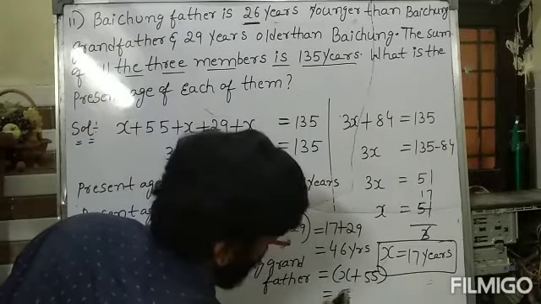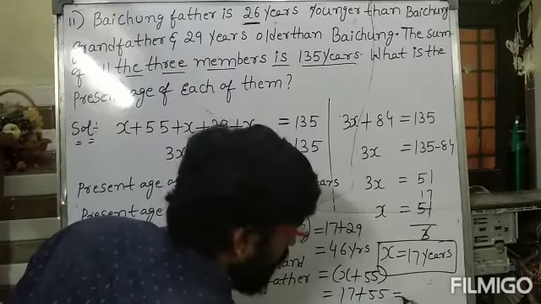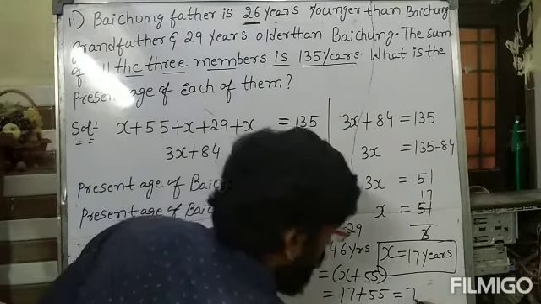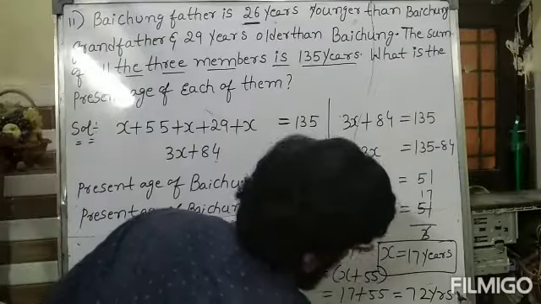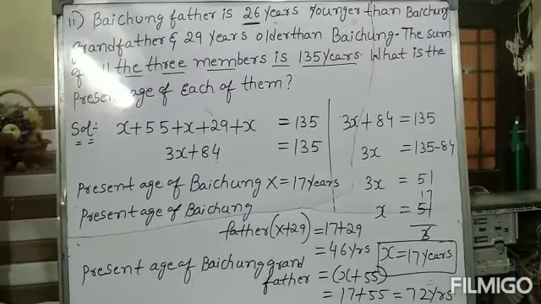X is 17, so 17 plus 55 is 72 years. Are you getting it? Okay, next.